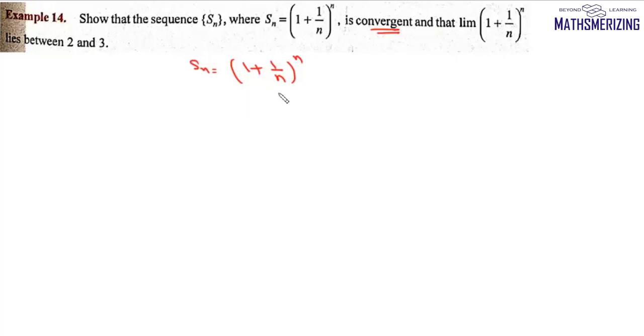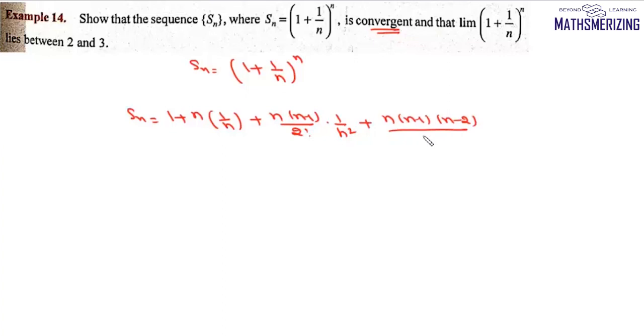Now using binomial expansion, we can write Sn as 1 plus n into 1 by n, minus n(n minus 1) upon factorial 2 into 1 upon n square, and n(n minus 1)(n minus 2) upon factorial 3 into 1 upon n cube.